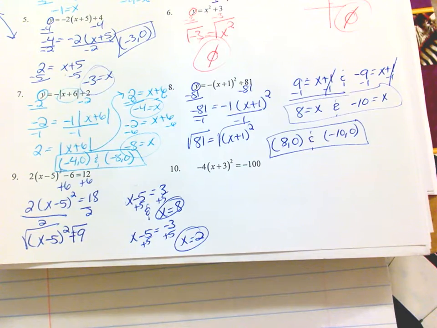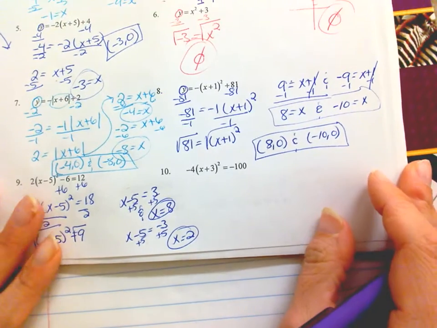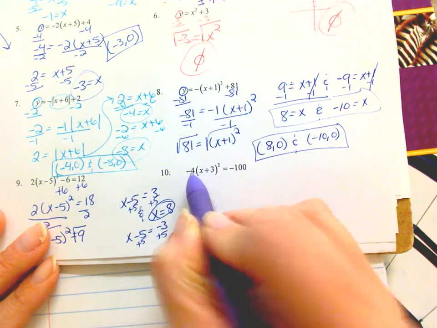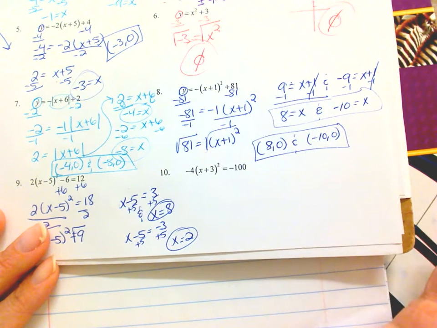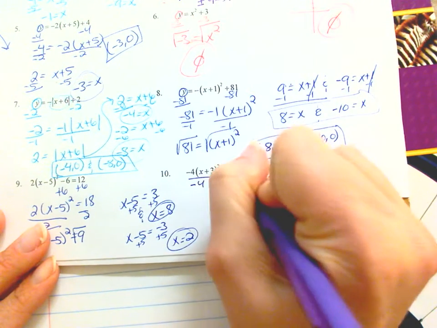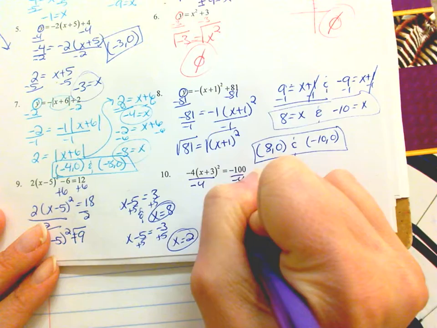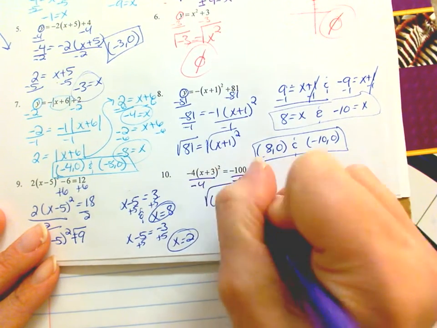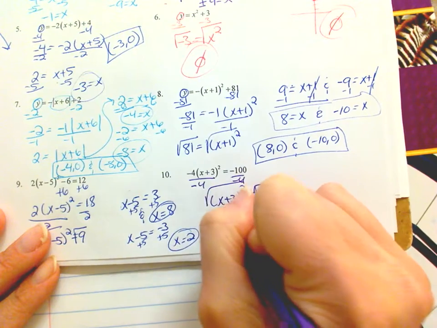All right, and our last one, same exact idea. You need to get rid of the 3, the squared, and the negative 4. But you're starting furthest out and working your way in. So the negative 4 is not part of the group, so it goes first. We've got the quantity x plus 3 squared equals 25. Square root, square root.